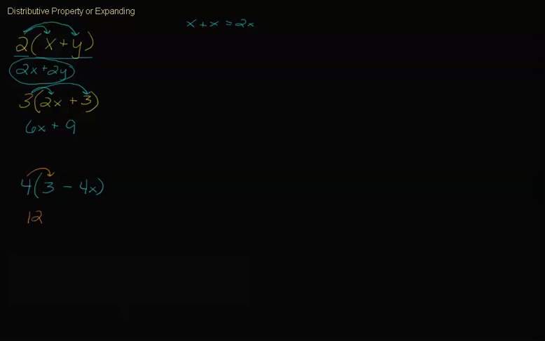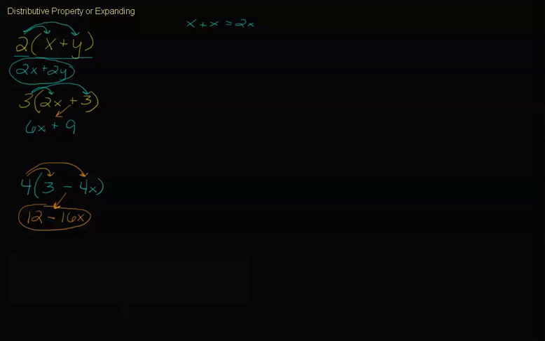Now we have the minus, so that's going to come down. Here we had a plus, we are adding, so we brought down the plus. So this is going to be 12 minus 4 times 4x, which is going to be 16x. And again, that's your answer.